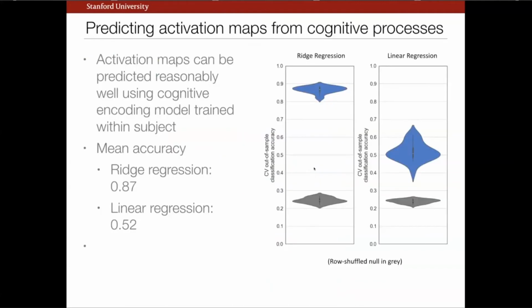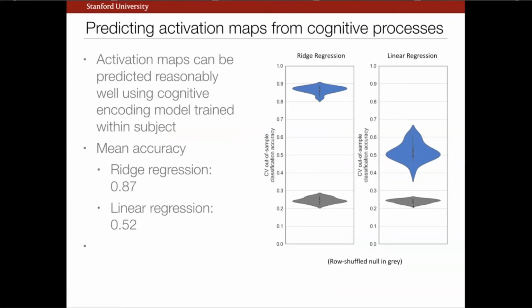And it turns out we can do quite well, even just using linear regression. We get out of sample classification accuracy of about 0.5, and this is the right panel here, and the gray part at the bottom is the distribution that we get if we row shuffle the design, so basically breaking the relationship between tasks and brain systems.